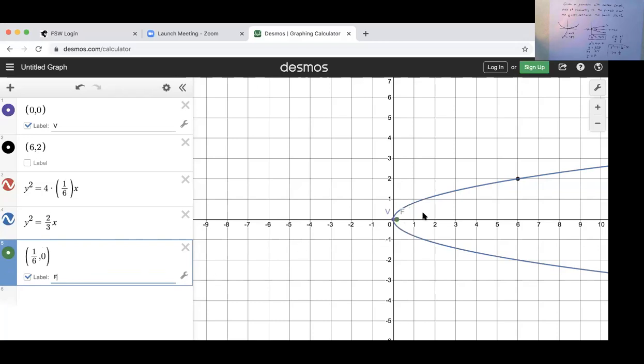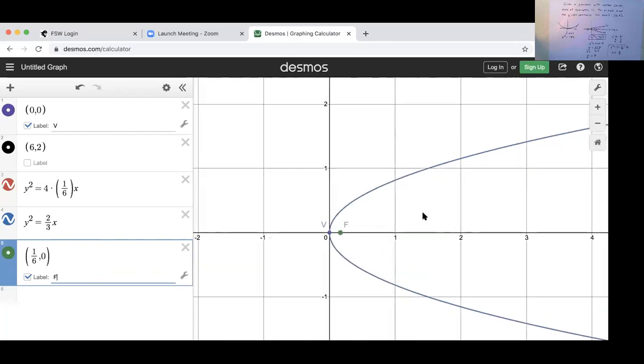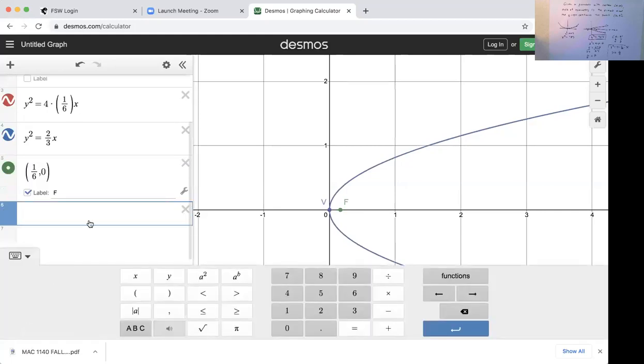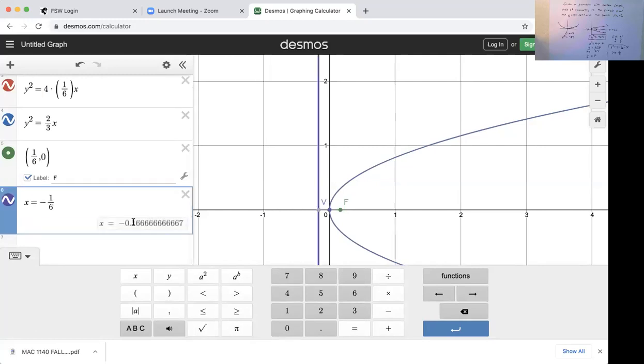And the directrix, this time, is going to have to be a vertical line, 1/6 to the left of the vertex. That will be x equals negative 1/6. So x equals negative 1/6 will be the equation of my directrix.